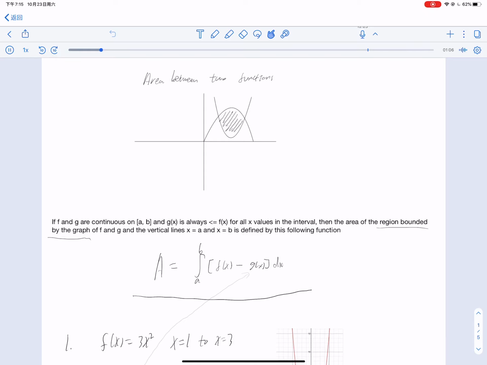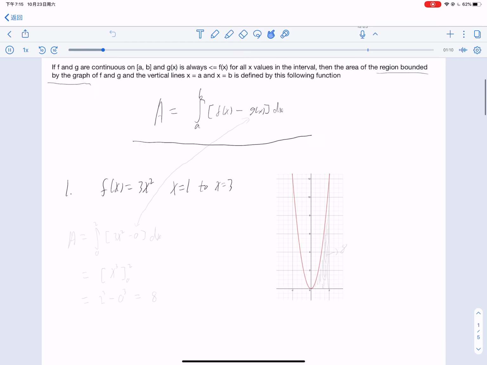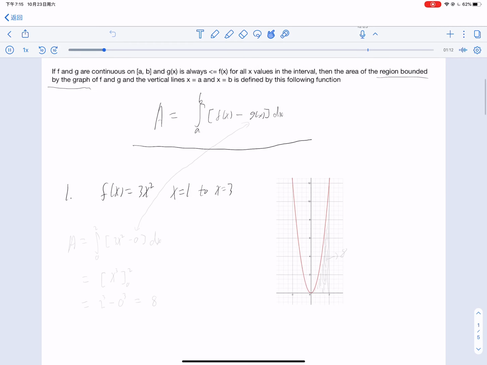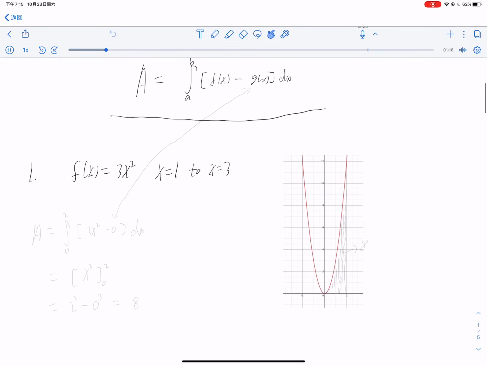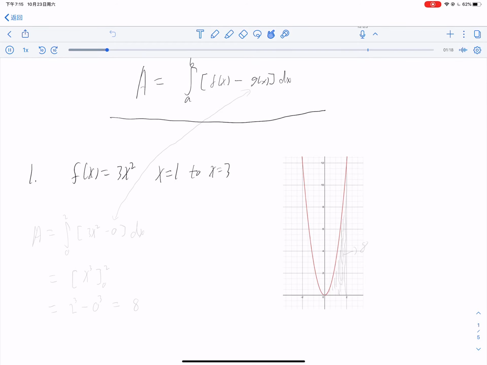So let's begin with talking about a basic one here. I believe you guys all know how to do this, but let's just start from the easiest one. To follow this formula, we can do area equals the integral from, actually, okay, I got a graph here.